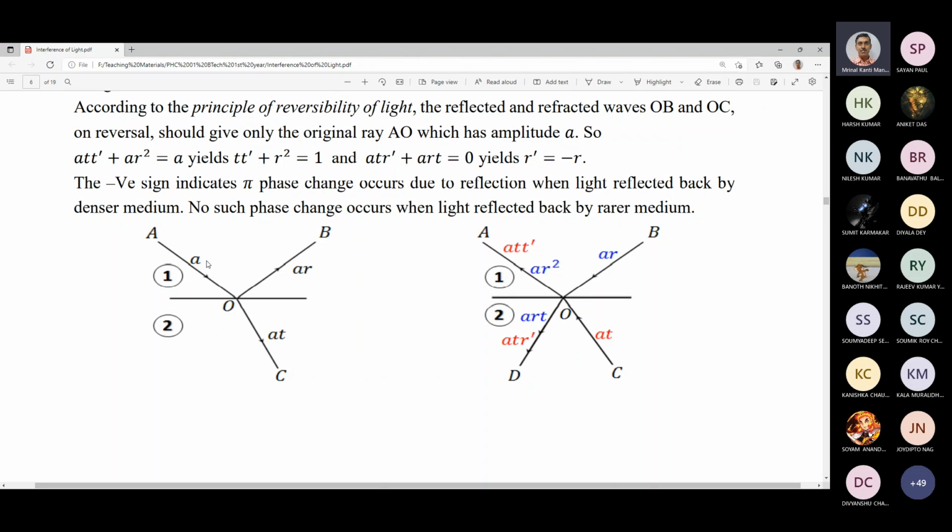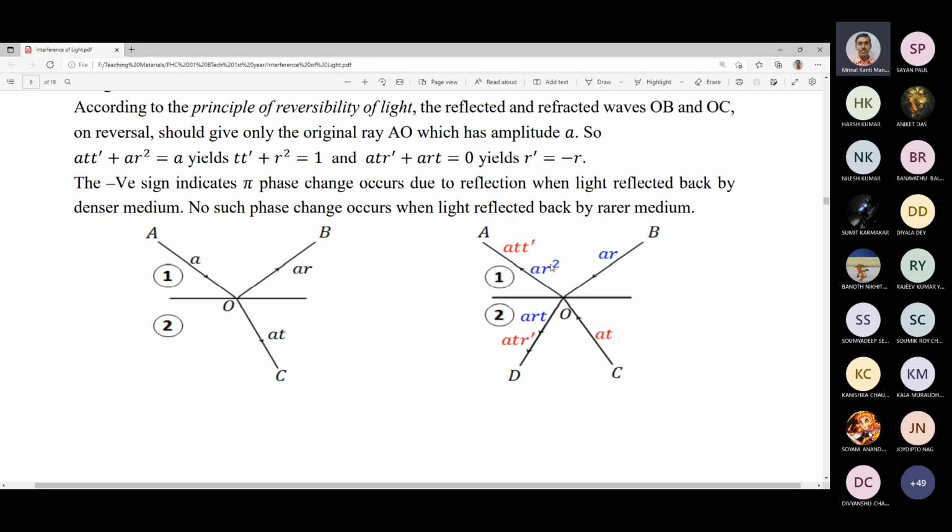So under that condition, if we reverse both the reflected and transmitted beams, then they must retrace the path of the incident beam with the same amplitude. Now, suppose we reverse this beam of amplitude AR from the point O. Then this beam will give one reflected beam and another transmitted beam.